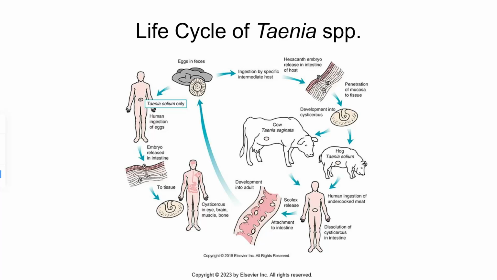So here's the life cycle where we start with eggs in the feces. Taenia solium only, the human would ingest the eggs, then it's released into the tissues, and these will form cysts inside of the tissues, in the eye, the brain, the muscles, or the bone.